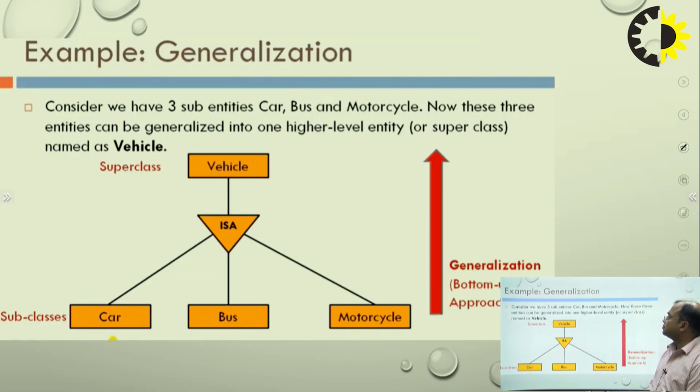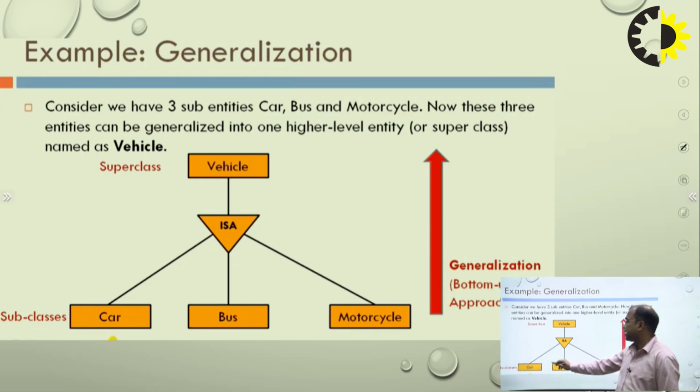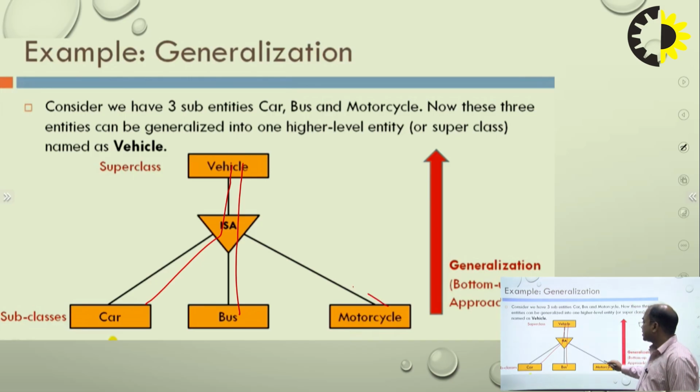Next, we can take another example of generalizing more than two entities. Consider we have three sub-entities: car, bus, and motorcycle. We combine these three entities and generalize them into a higher level entity, or superclass, named vehicles. It means car is a vehicle, bus is a vehicle, motorcycle is a vehicle.